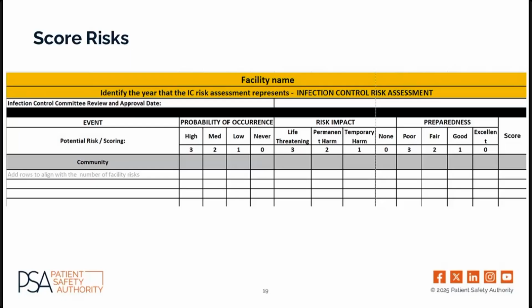And when we're thinking about the facility, we want to make sure we're also considering any financial or regulatory consequences that could occur. And then last, we're going to consider your facility's preparedness to address or mitigate the risks so that the event does not occur. So this is your ability to detect the event, any existing infection control and prevention policies or procedures you have in place.